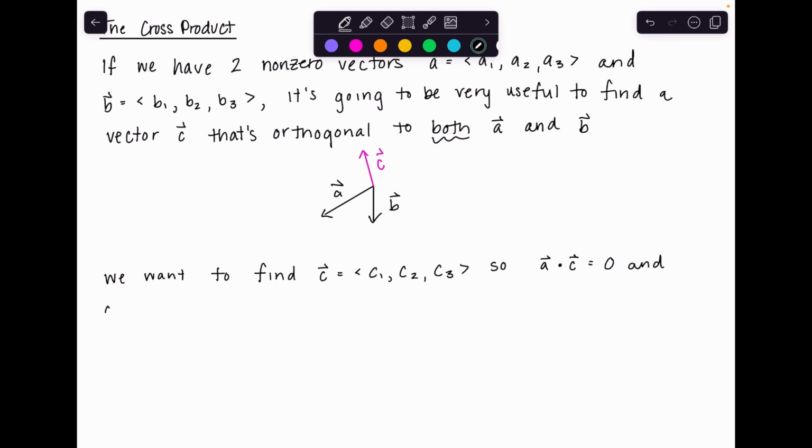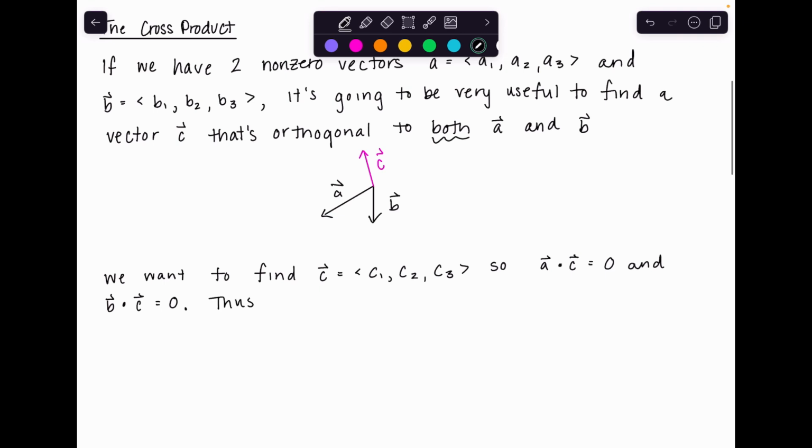And if I take B and dot product it with C, that will also equal 0. So I want a vector that has components so that when I take these two dot products, I get this result. That's my whole goal. Can I figure out what these components have to be to make that happen? And likely it's going to be in terms of the two vectors A and B that are given to us.